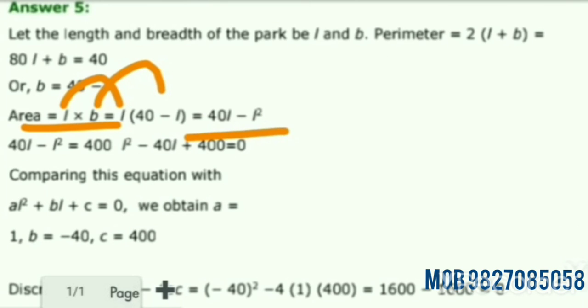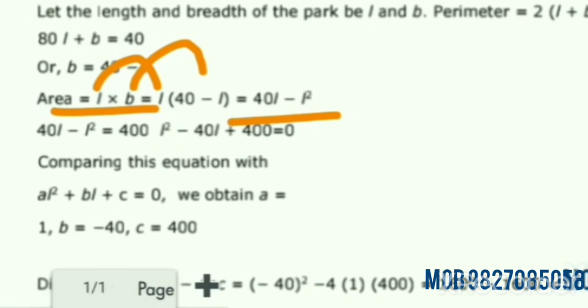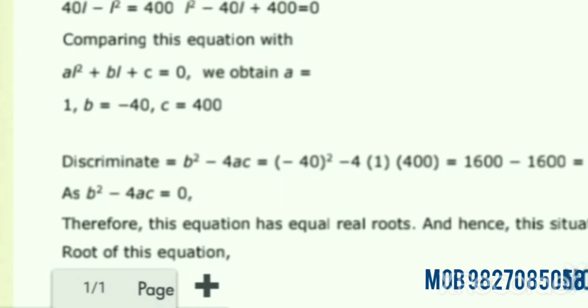So we got 40L minus L square. Now according to the question, this is equal to 400. So we have to make a quadratic equation. That is L square minus 40L plus 400 is equal to 0. Now again comparing with the quadratic equation, we got A is equal to 1, B is equal to minus 40 and C is equal to 400.